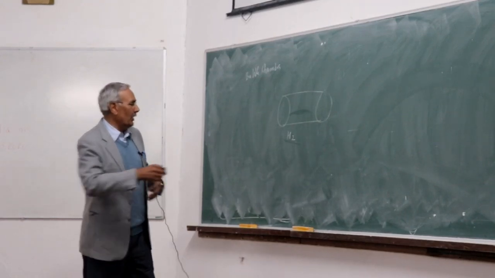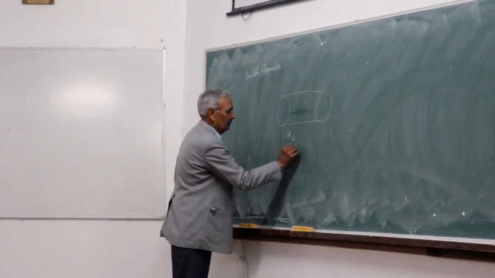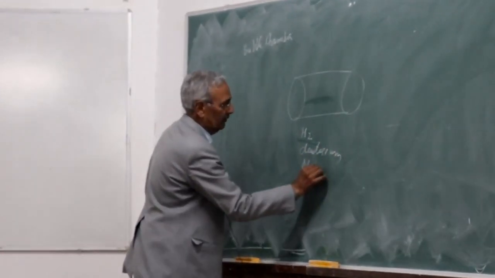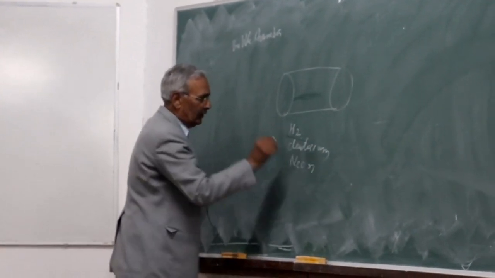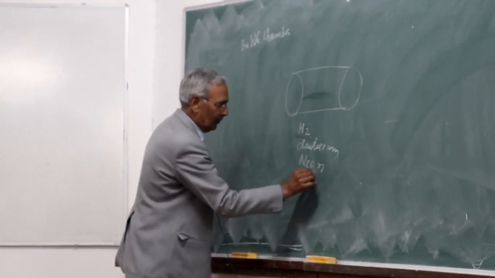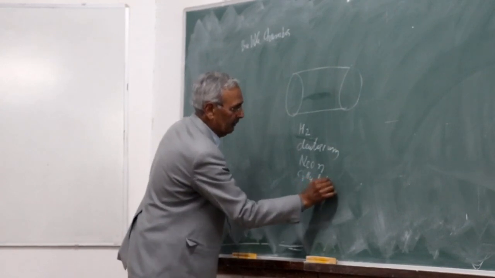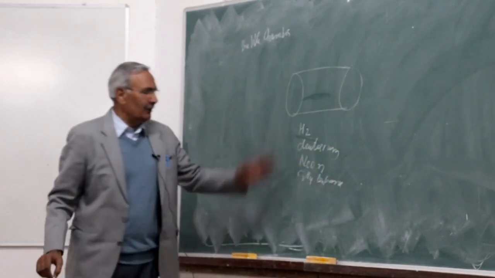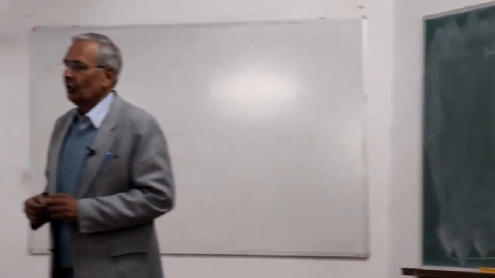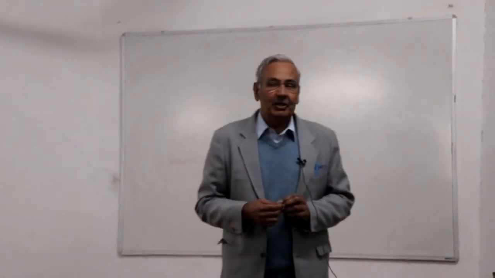So earlier days you had deuterium, neon, and even, let's say, propane. So these were the several fluids used in the bubble chamber. Okay. Now what is the working principle?